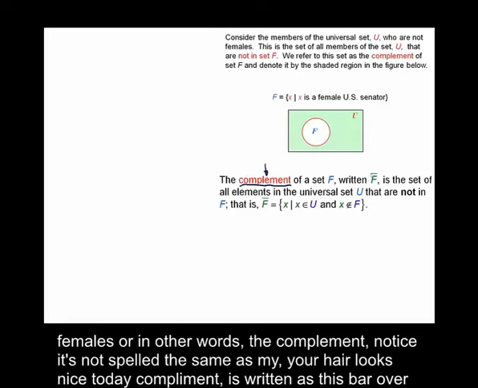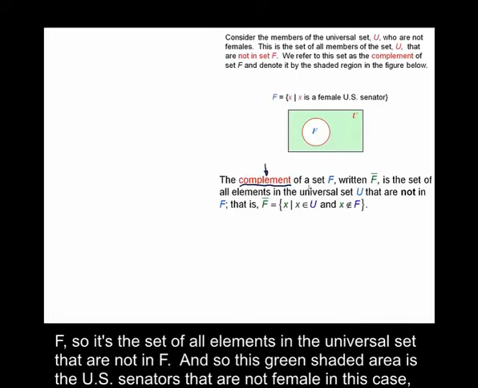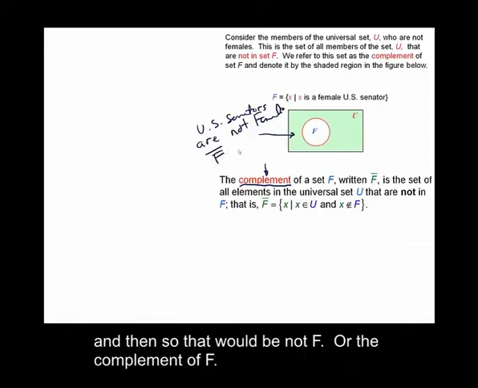It is written as a bar over F, so it's the set of all elements in the universal set that are not in F. And so this green shaded area is the U.S. senators that are not female in this case, and so that would be not F, or the complement of F.